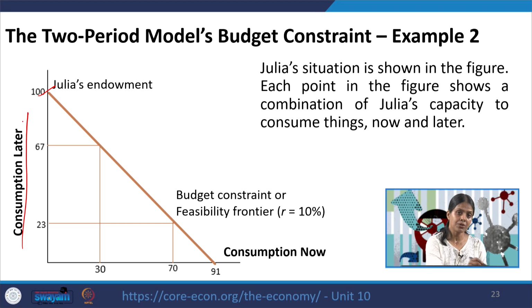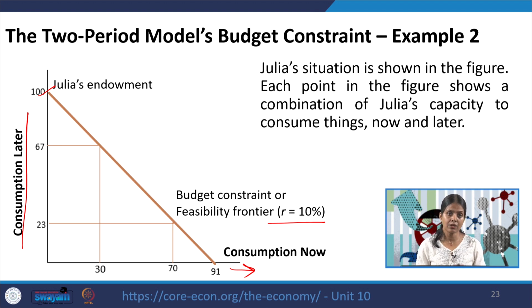This is consumption in the second period, consumption later. This is the current period, consumption now. So, Julia's situation is shown in this figure. Each point in the figure shows a combination of Julia's capacity to consume things now and later. So, what we are assuming is that there is an interest rate of say 10%. Now, Julia does not have anything today.